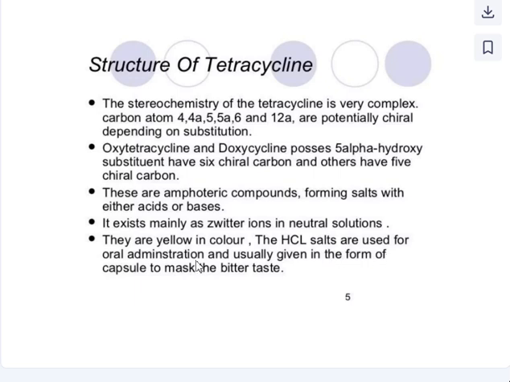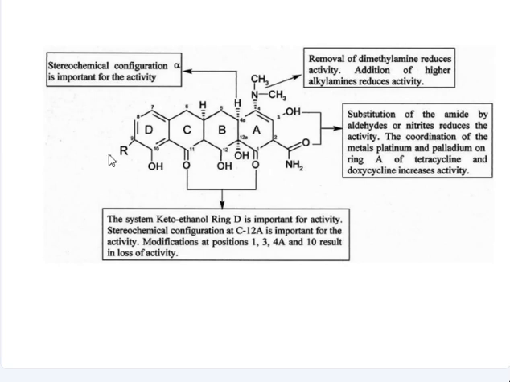And the HCl salts are used for oral administration and usually given in the form of capsules to mask the bitter taste. Okay. So you'll also see here that the removal of dimethylamine reduces the activity. Addition of higher alkyl amines reduces the activity.